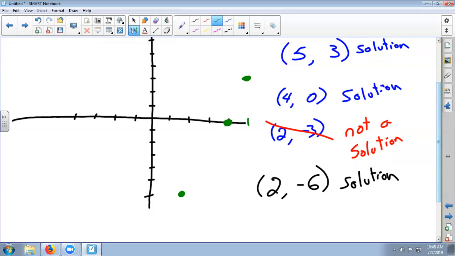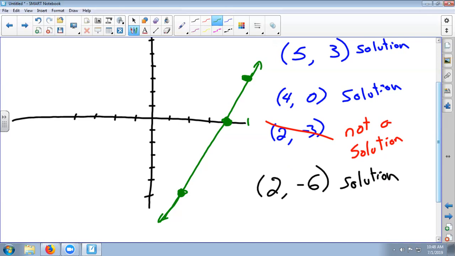We're going to draw a line through them. It should be a straight line, really relatively straight. You can fudge a little bit just to get your points a little bigger, but it should be a straight line.